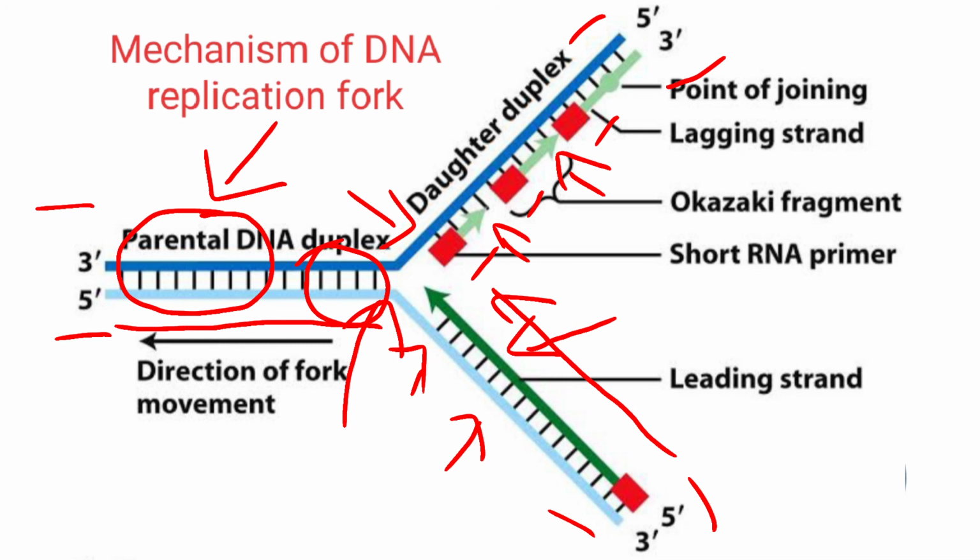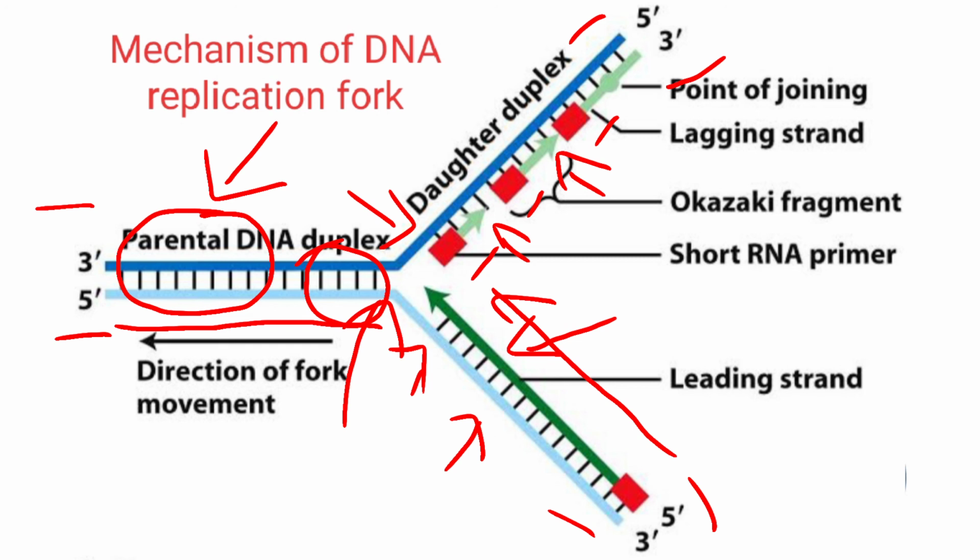So these are the enzymes involved in DNA replication. And one more enzyme is nucleases. Along with DNA polymerases, nucleases also act in the repair mechanism of the DNA. When any error occurs during DNA replication, it can be rectified with the help of nucleases.